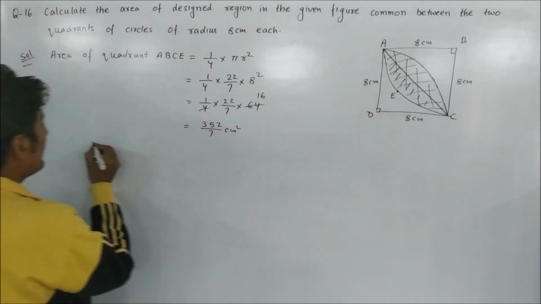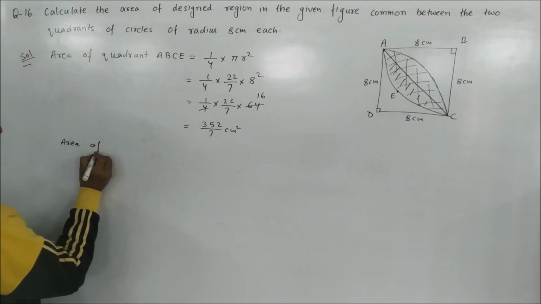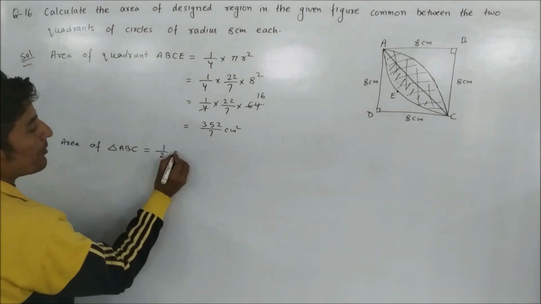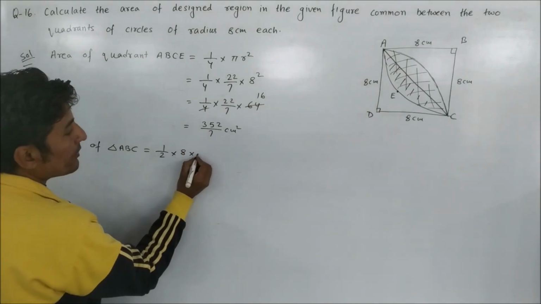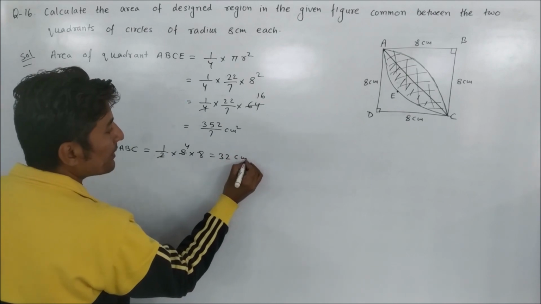So we can write here area of triangle ABC is equals to 1 upon 2 into 8 into 8 equals to 32 centimeter square.